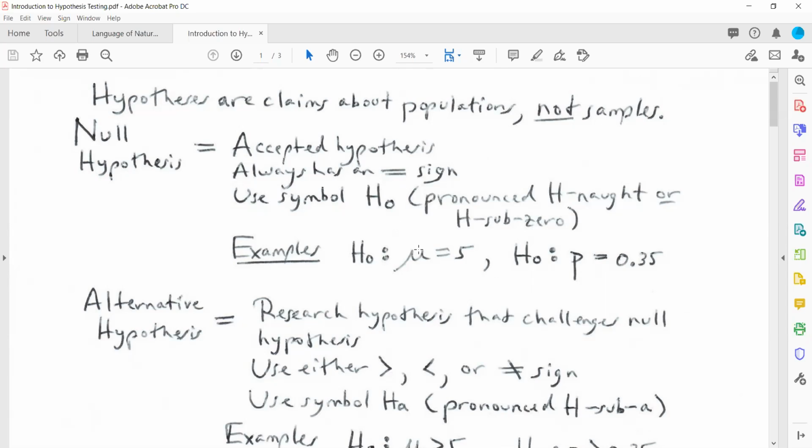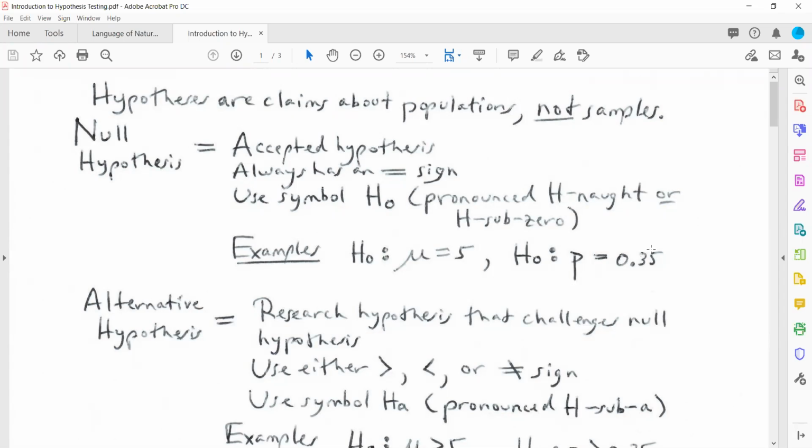An example of writing a null hypothesis, these are just examples, the numbers don't mean anything, all right? You would write H naught, and you would write a colon next to it. And then you'd use your Greek letter. In this case, the population letter for the mean is mu. You use mu. And you always use an equal sign for a null hypothesis. In this case, we're just saying mu is equal to 5.